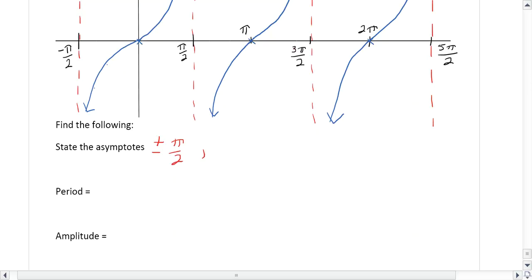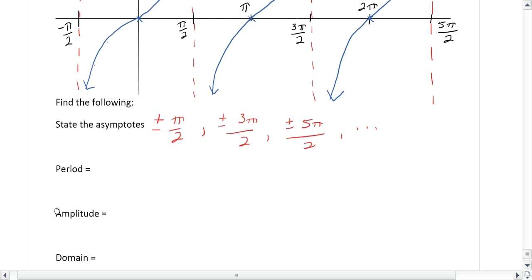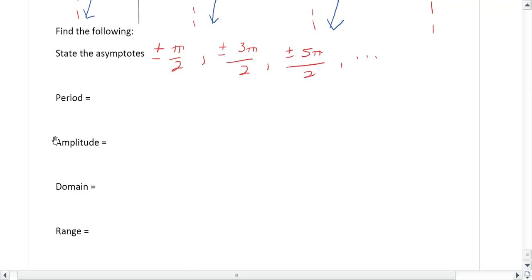Next asymptote is out here, plus minus 3 pi over 2, plus minus 5 pi over 2. I think 3 is enough to establish a pattern, so we'll just put our 3 dots and say, and so on.